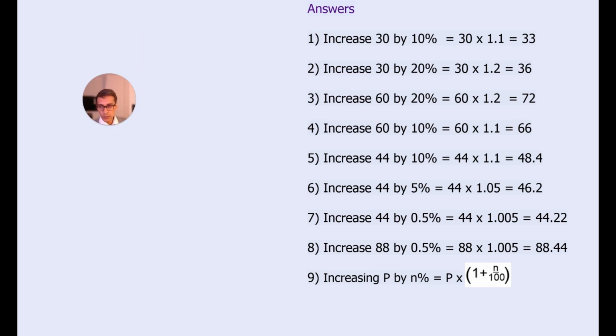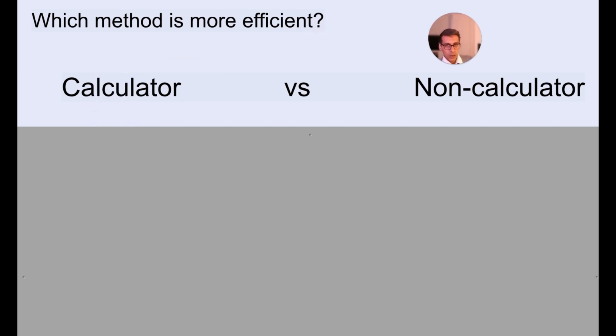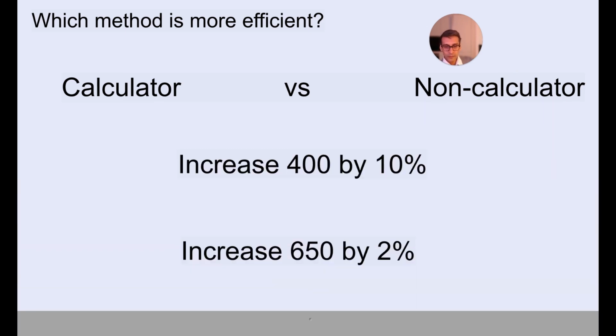Okay, I hope you found that useful. We're going to do one more exercise before you go. So, which method is more efficient? Sometimes you're going to see a calculator method is quicker. Sometimes doing it in your head is a lot quicker. So make a decision about both of these calculations, and decide which one you would do straight away, maybe in your head, and which one you might use a calculator for.